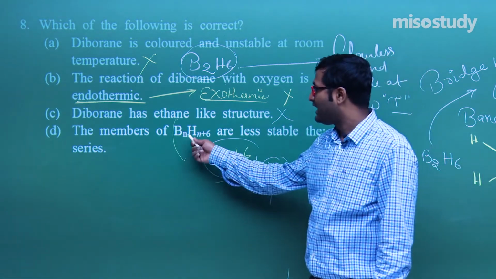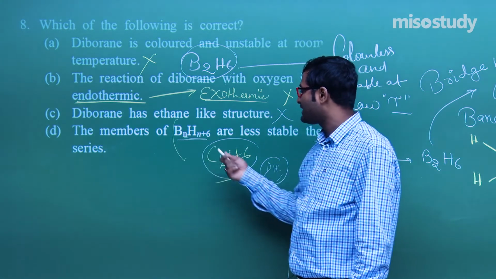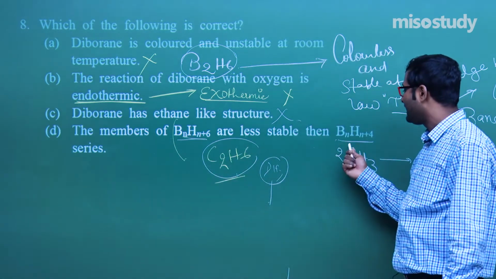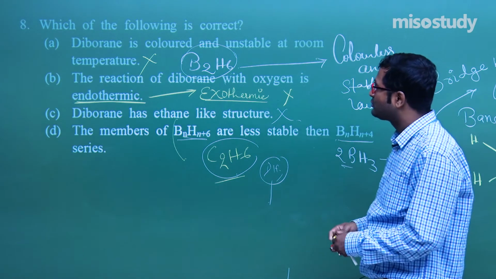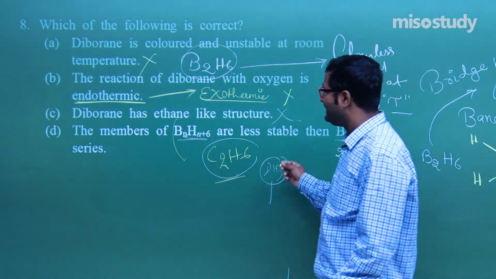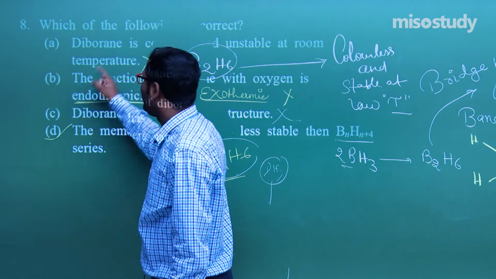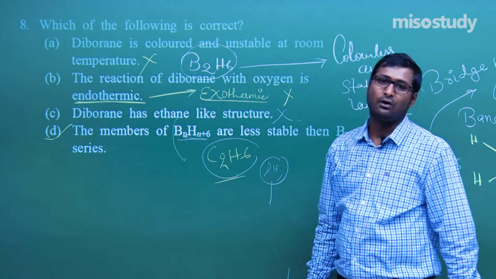In this case the members of BnHn+6 are less stable than BnHn+4. So among all the options, D is the correct statement and A, B, C are not correct.